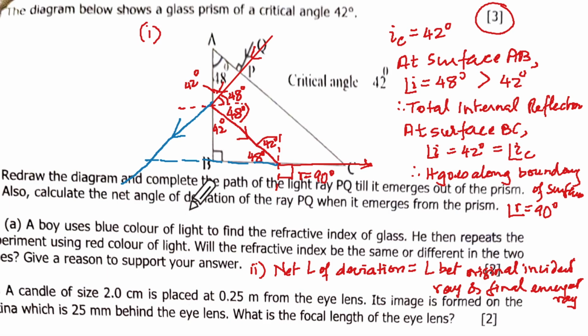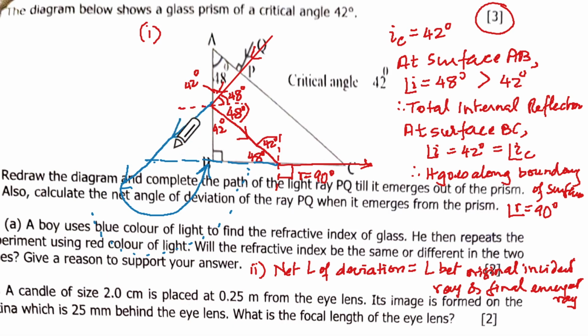Understanding? Yes, ma'am. And this ray has turned like this. Did you see that? No? Not understanding? It should have gone like this. But it has turned. Can you see? It has gone like that.